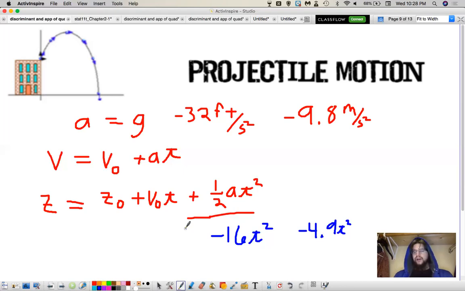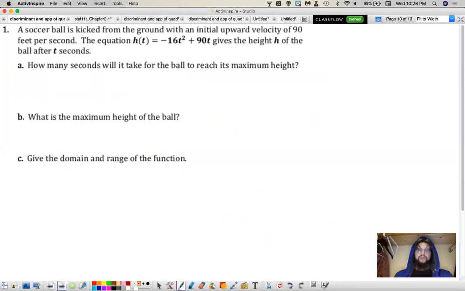Now, we are dealing with the mathematics only, so we're probably going to rearrange it into standard form. So this negative 16t squared is going to come first. And let's just look at the problems. So you're not going to have to derive the equations, but let's examine this equation here. It's negative 16t squared, because it must be in American units.